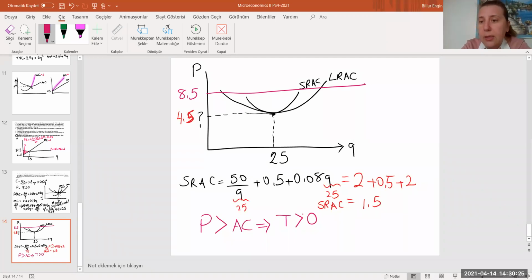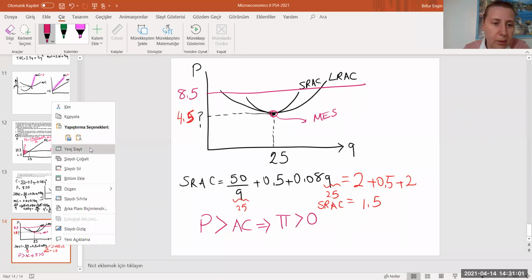So if this is a perfectly competitive market, we can say that this cannot be the long run equilibrium for the firm. Long run equilibrium will occur at the normal profit point, which is also the minimum efficient scale of the firm. You can also answer this question by calculating the profit at the $8.5 price. What will be the, let's do it.